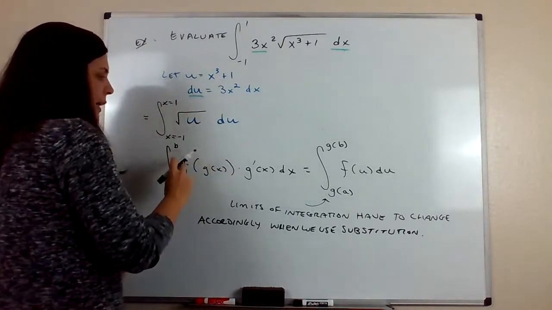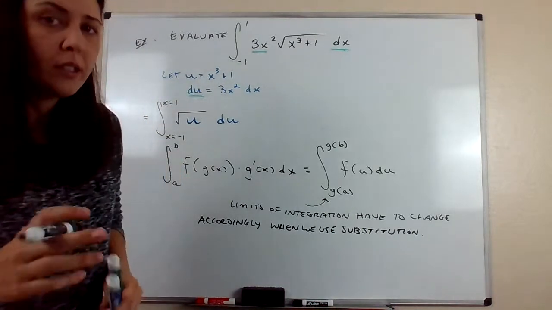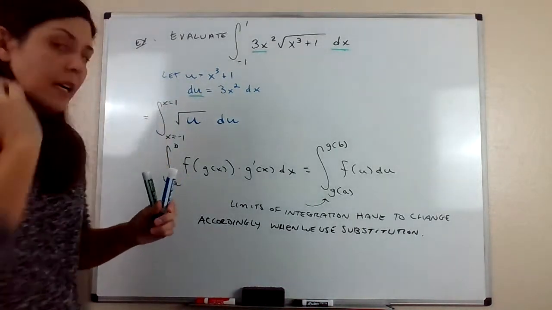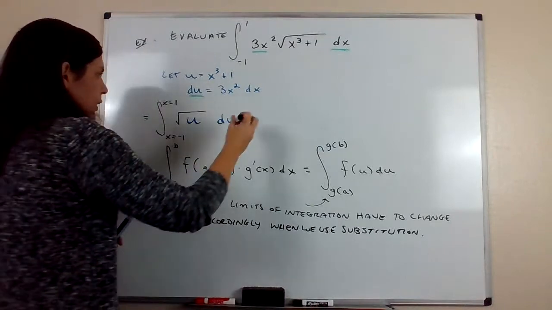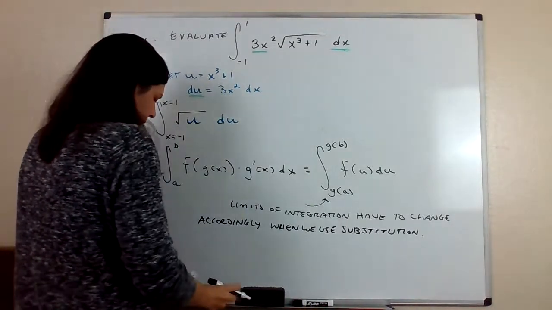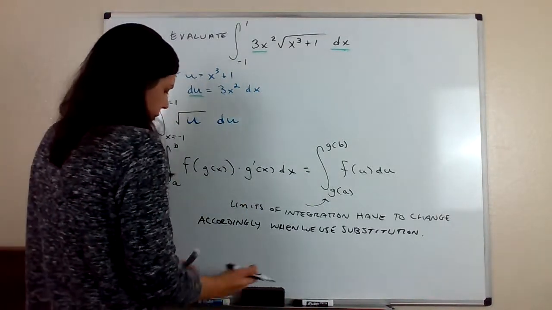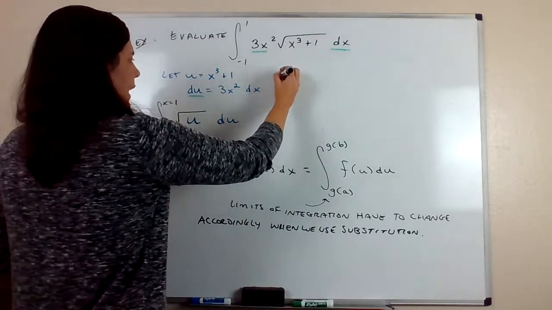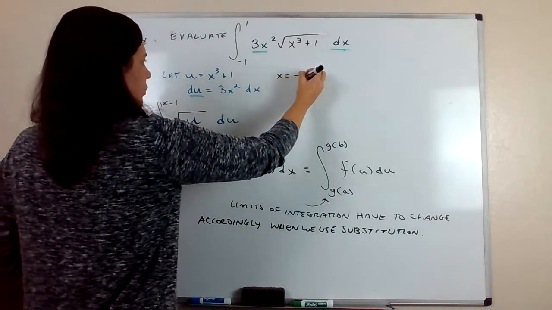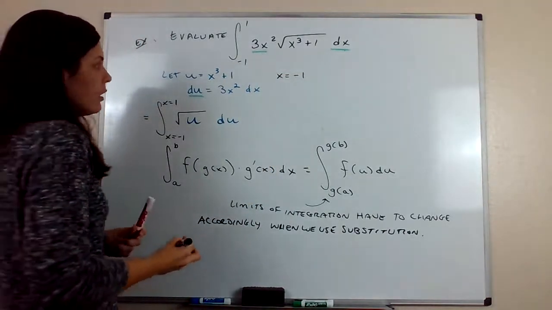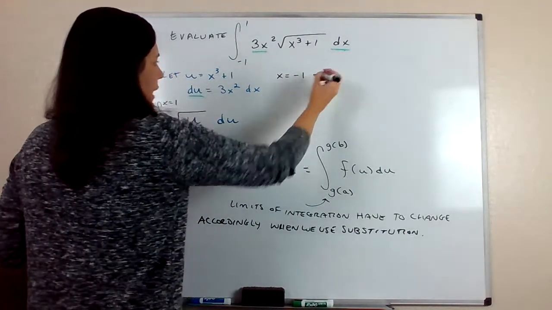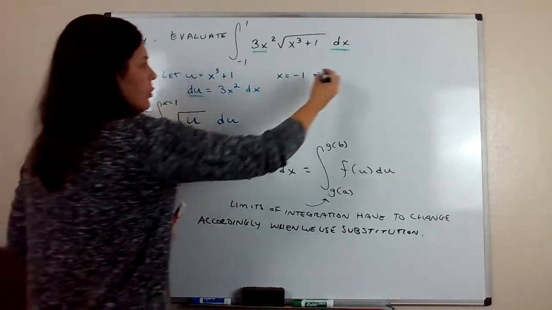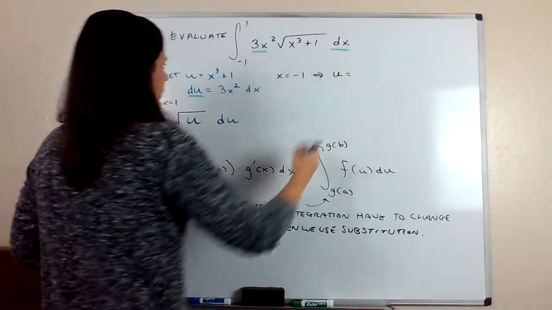Now, I have to change my limits accordingly. This is the new part. This is something we haven't done before because we didn't have limits of integration. So now I'm going to do all my side work. I'll go up here and say, let's go with red. When x is -1, my lower limit, I now know that I need u, and I get that from my x value.